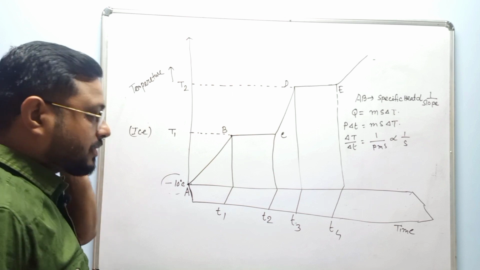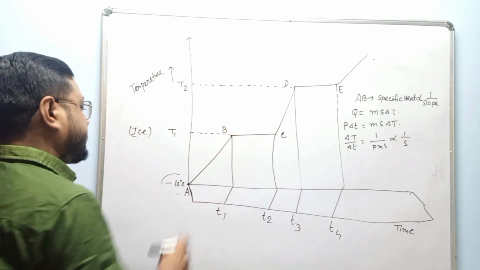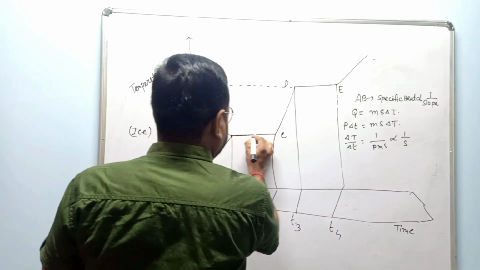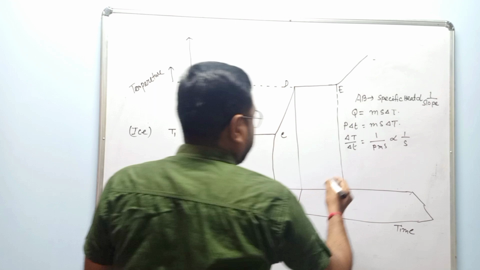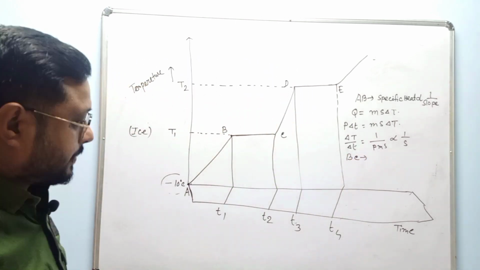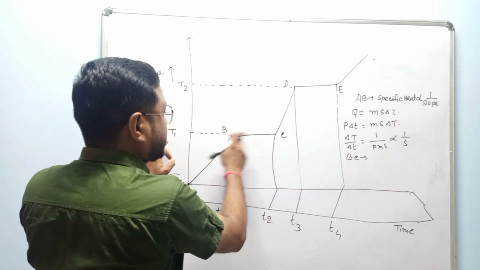Here the temperature change occurs from minus 10 to T1. What about the line BC? At the line BC, there is no change in temperature between the time T1 and T2.